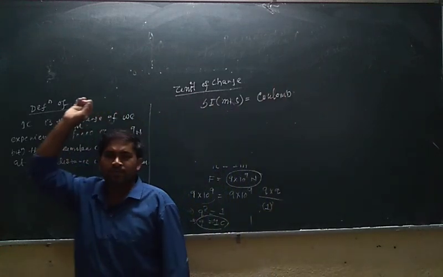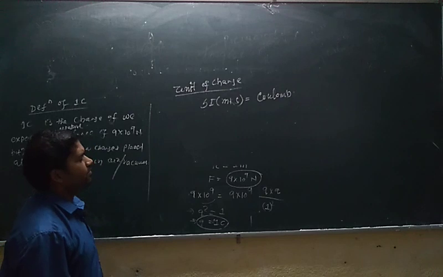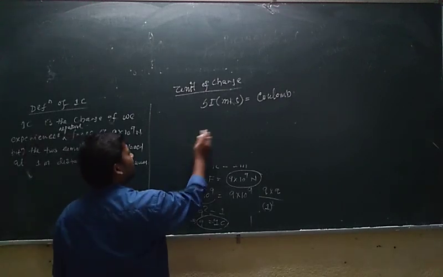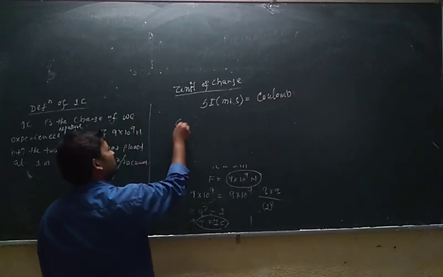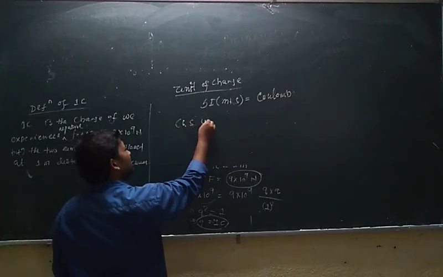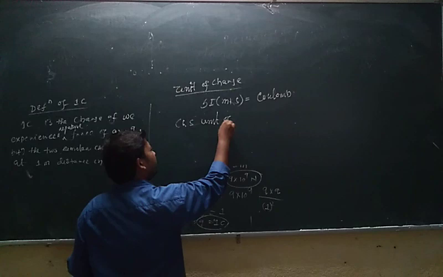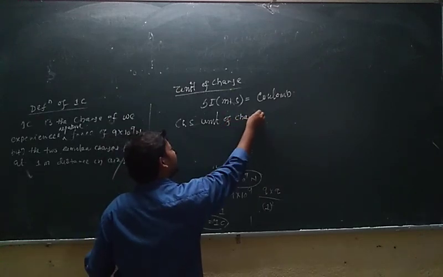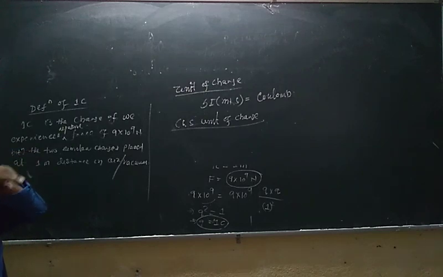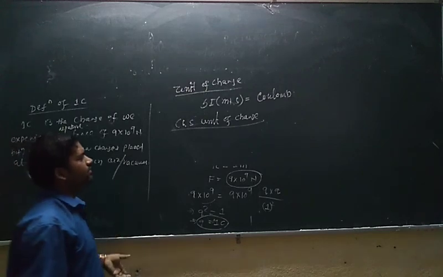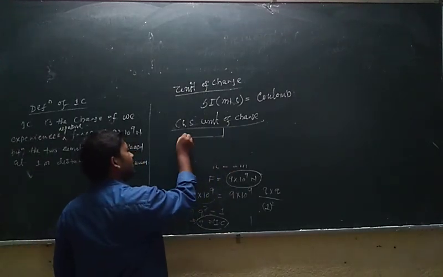Okay, now let us take the discussion about the CGS units. CGS unit of charge. Depending upon the nature of charge, generally the CGS unit of charge is mainly divided into two categories.